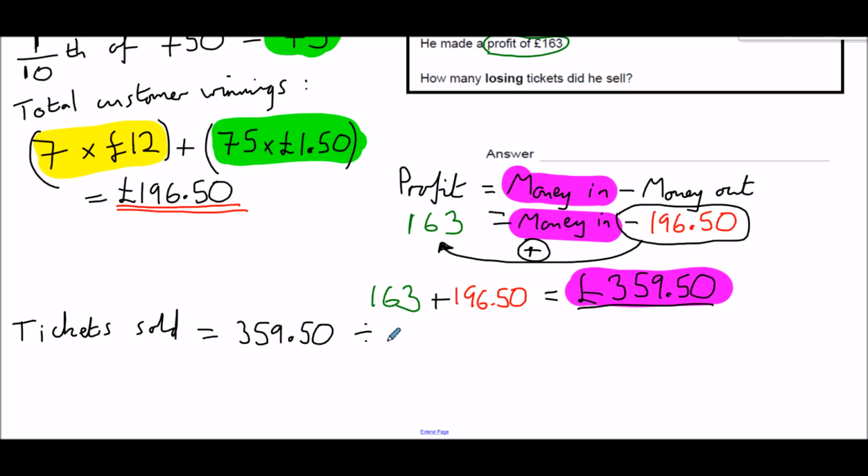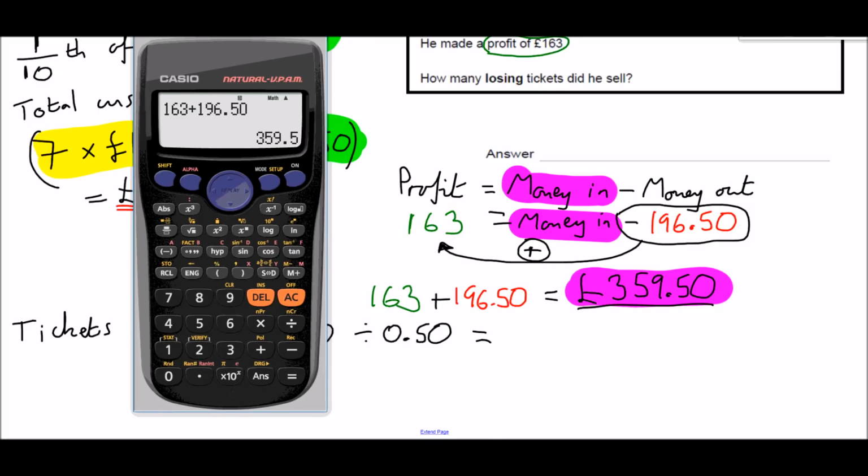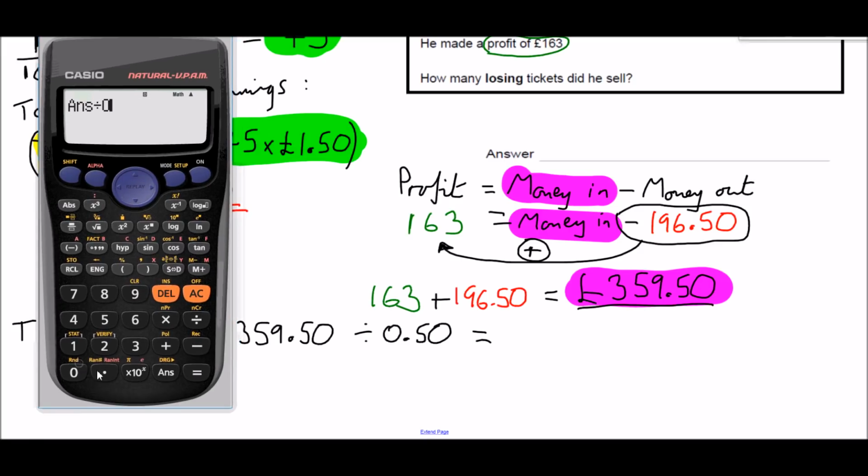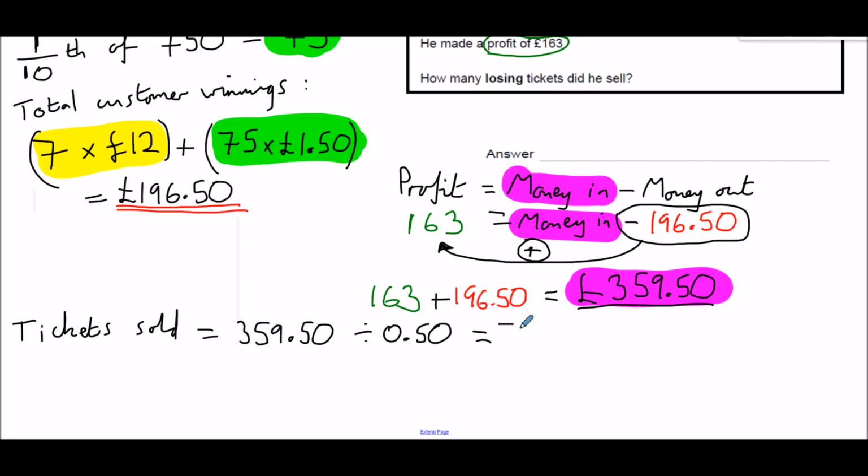Don't put divide by 50 because it's in pence, so it's divided by 0.50. So this number here we had before, divided by 0.50, tells us that 719 tickets were sold altogether.